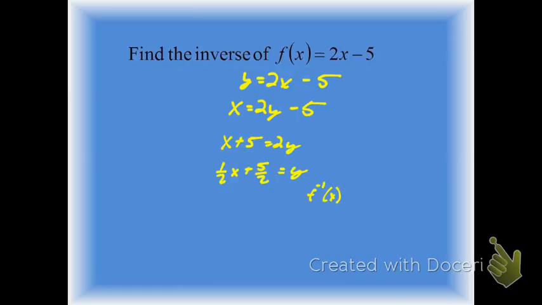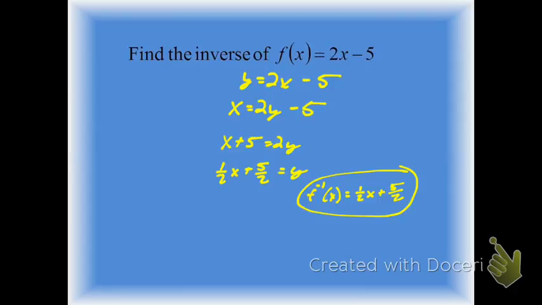So f inverse of x equals 1/2 x plus 5/2. If you want to do the number guessing trick, I would always go with 0. Plug 0 in the original, you get -5. Plug -5 into the inverse, you end up with 0. That's one way you can always check yourself.